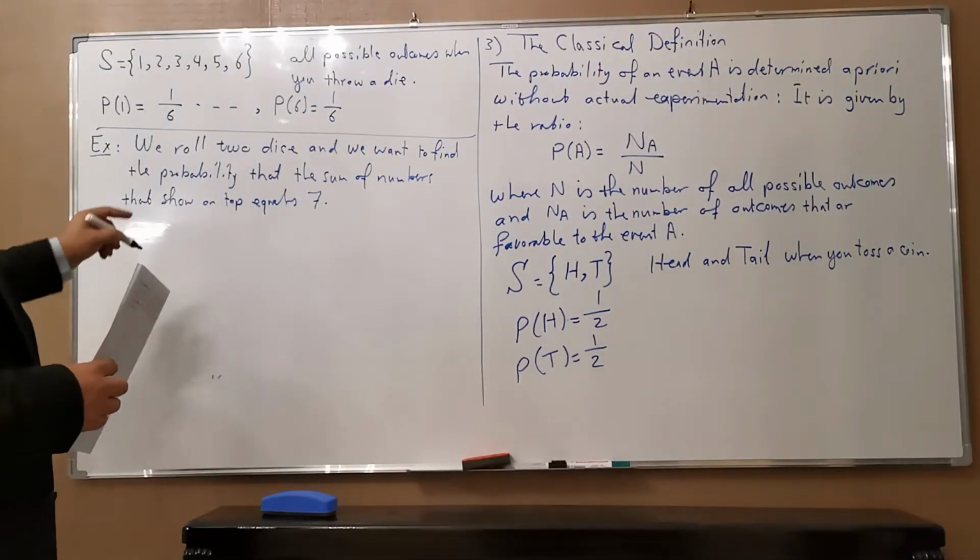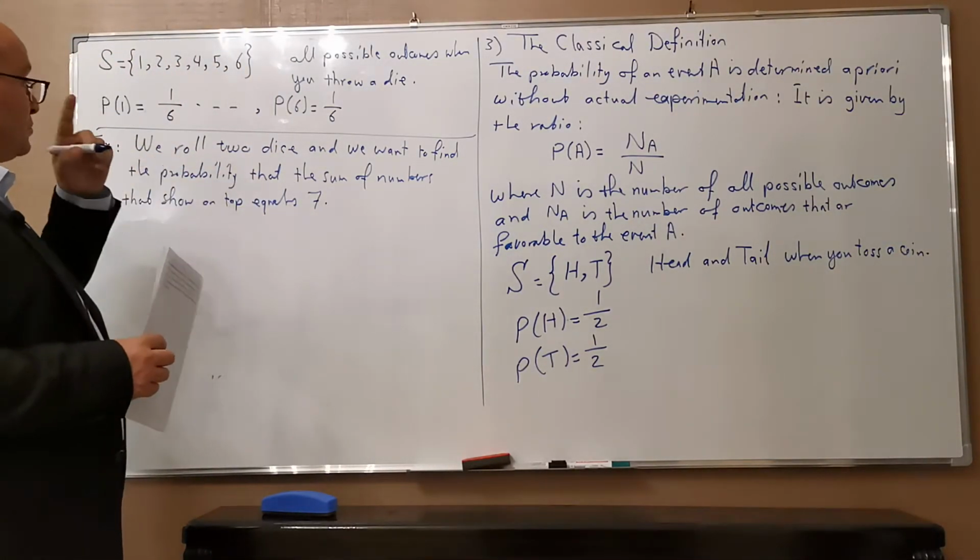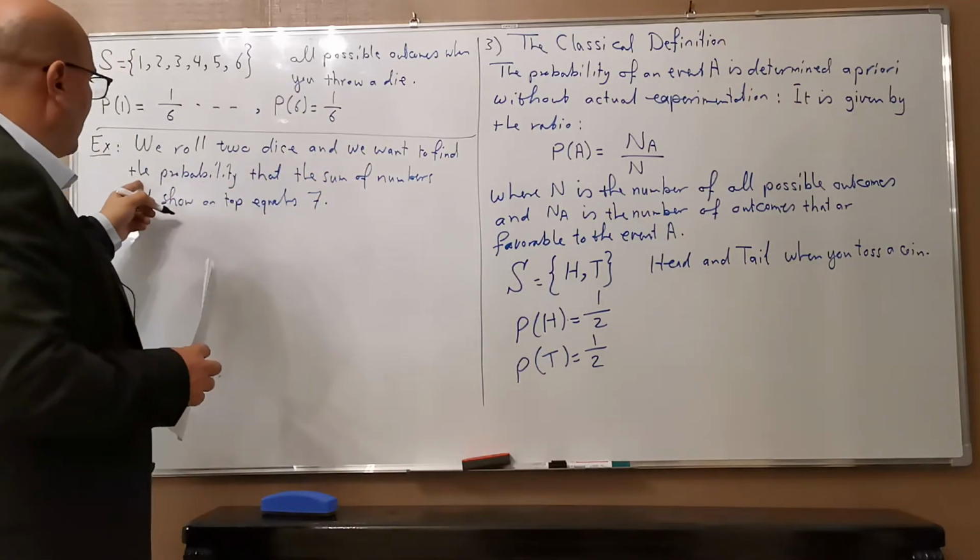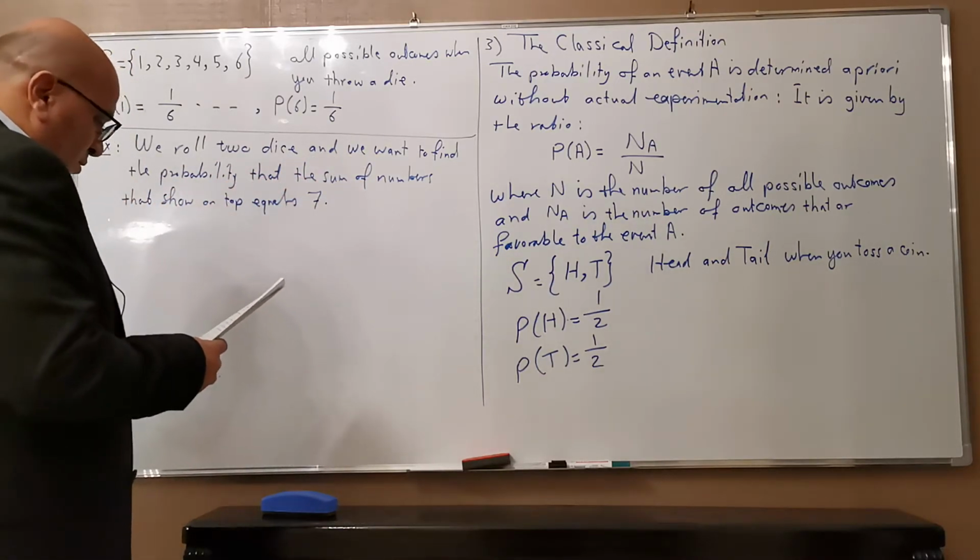So you roll 2 dice, okay, and we want to find the probability that the sum of numbers equals 7.